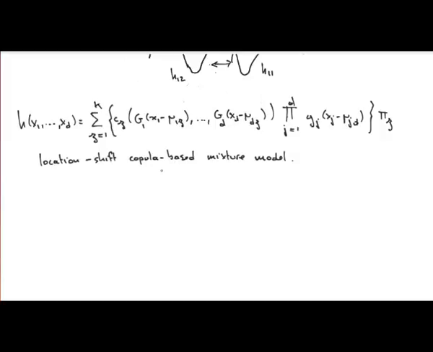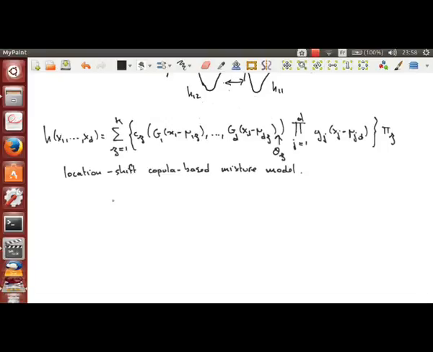Now, what is cool in this model is that look at the parameters. Let's suppose that a parametric family has been chosen for the copula, so that there is theta Z here, the copula parameter. Look at our model. We no longer have choices to make. The only thing we assume about Gj is that it is a symmetric density.